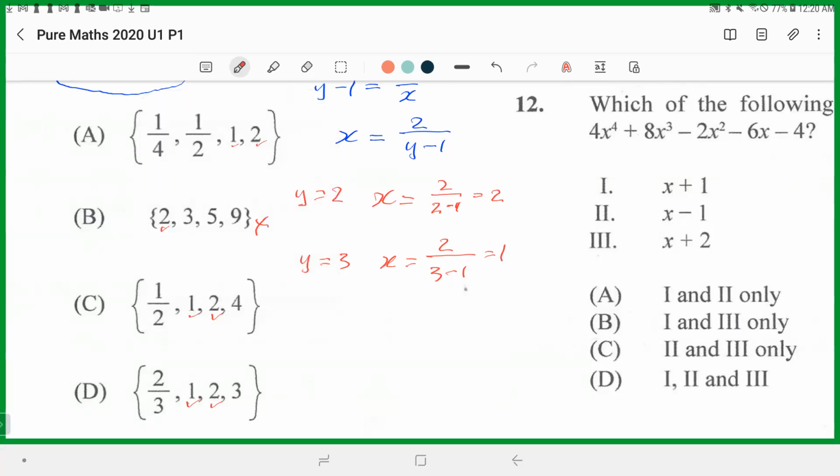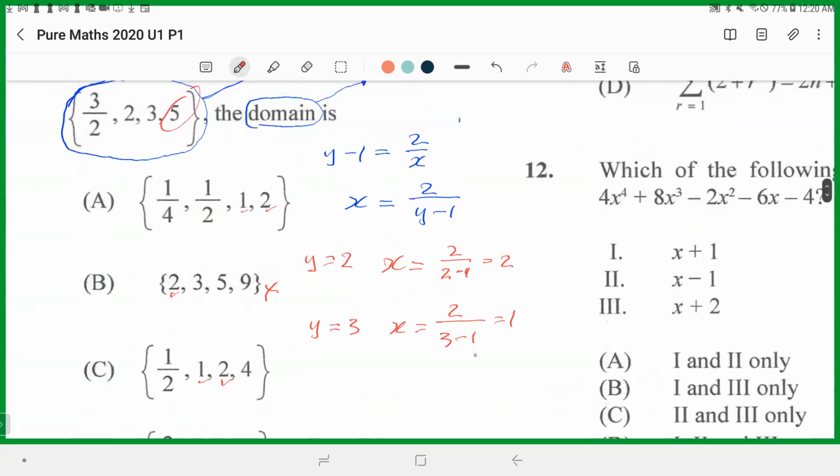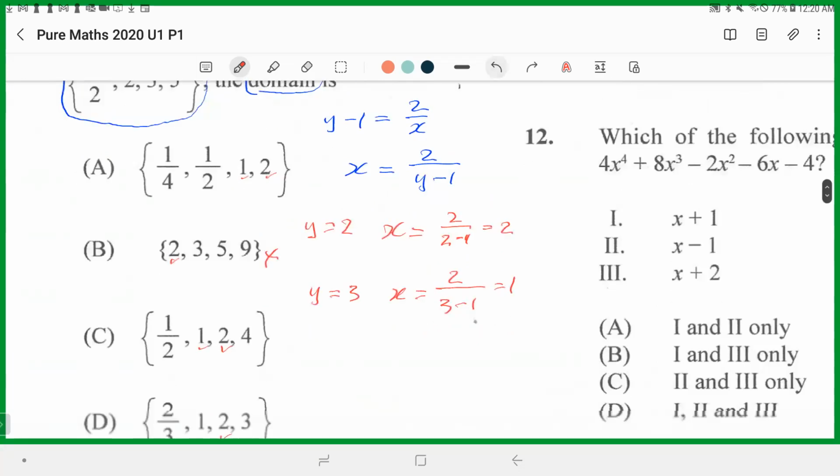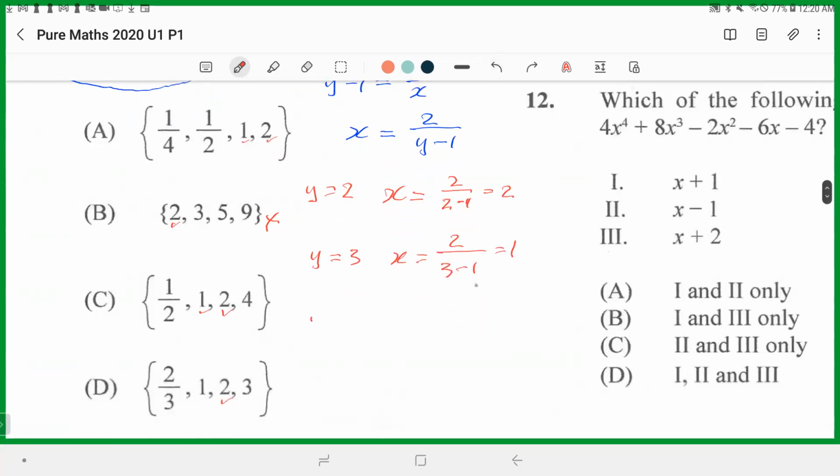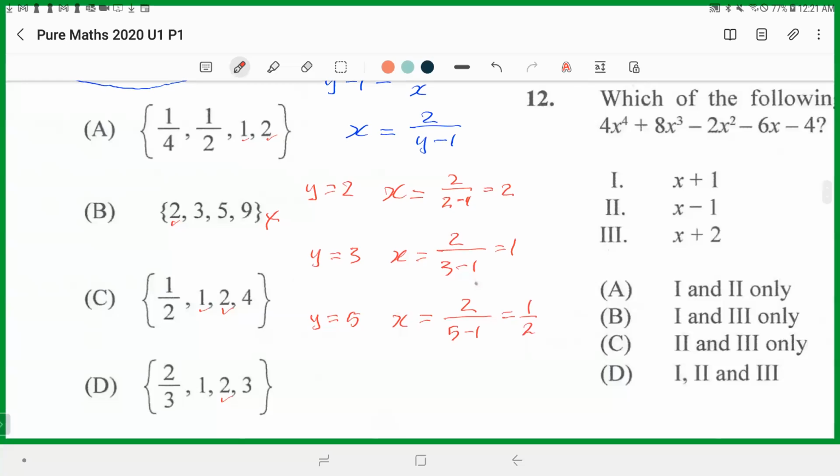We're going to have to do all of them, apparently. I'm going to put in the 5 next. I'm going to go y equals 5. The x becomes 2 over 5 minus 1, and that's 4. So 2 over 4 is a half. We're looking for a half now.